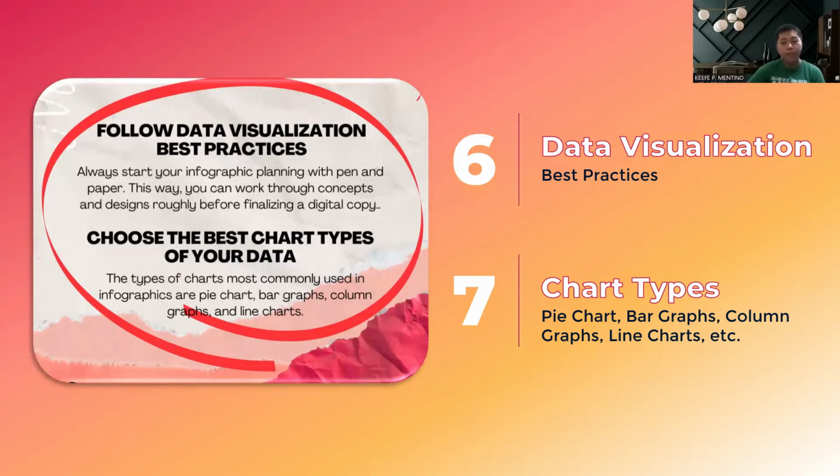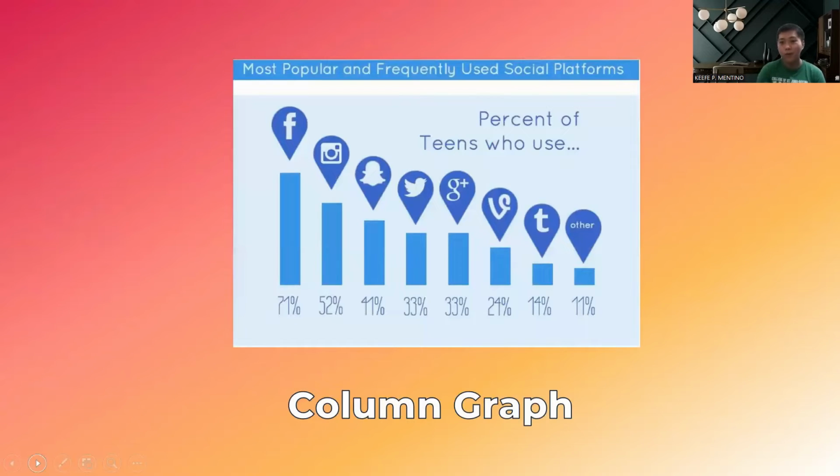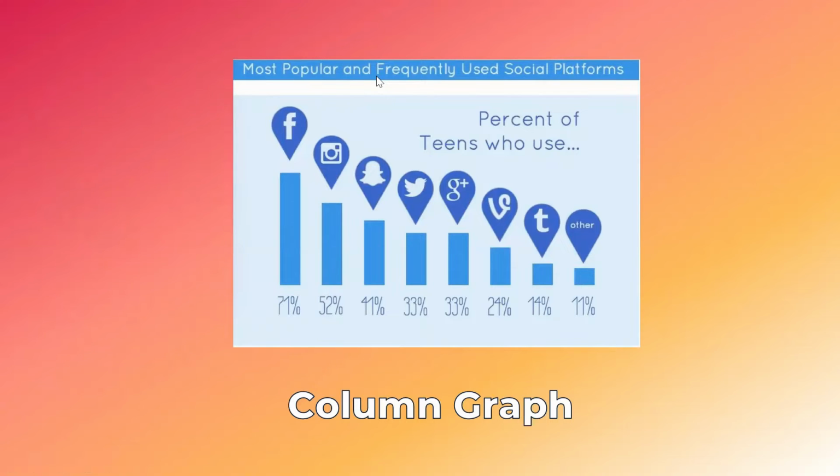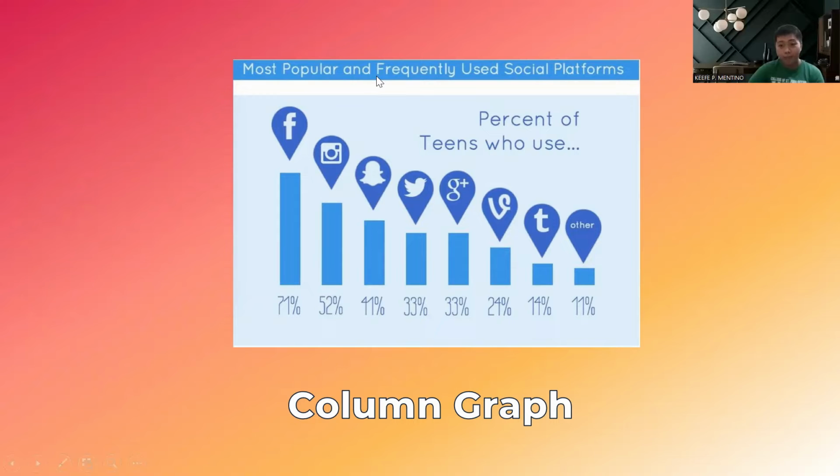Okay? So, here, we have the column graph. So, column siya by column. So, ito nga yung mga example ng ating mga chart types. So, yung column graph, ito yung sinasabing one of the easiest ways to compare the data.